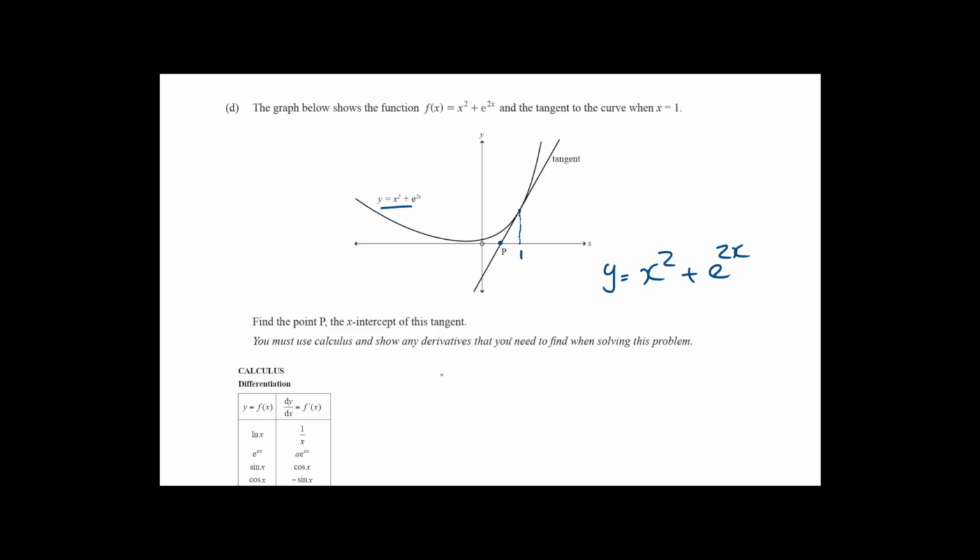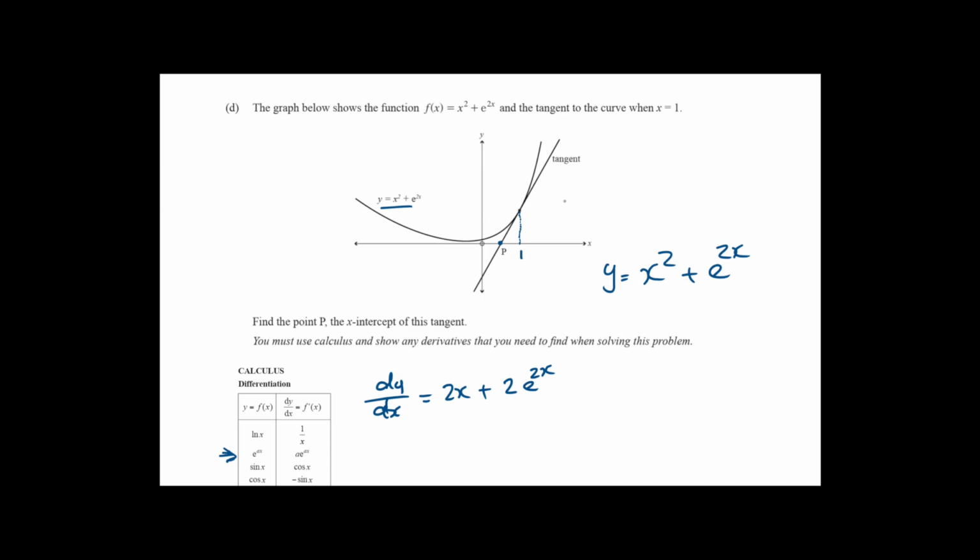Okay, let's just divide and conquer. So if this is y here, dy/dx, we're going to differentiate the first bit, 2x plus, and we're going to use the nice little thing that I've given us there. So it's going to be 2e to the 2x. That's going to be the gradient for all points on the curve.